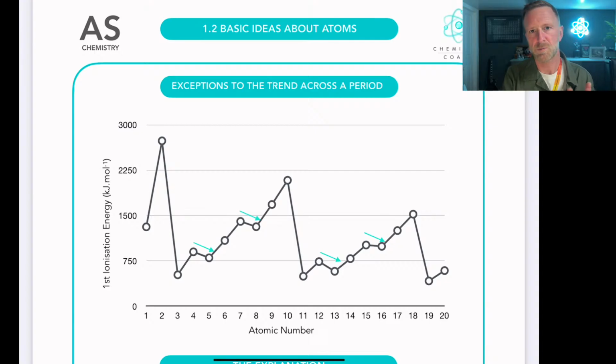I wrote it not just based on the specification, but based on exams as well. So the notes are all the facts that you need to know and all the explanations you need to know, but it's also based on the typical questions that get asked year on year on year. Okay, so it's phrased in the way that the questions are phrased. The explanations are phrased in the way the mark schemes want you to phrase them.